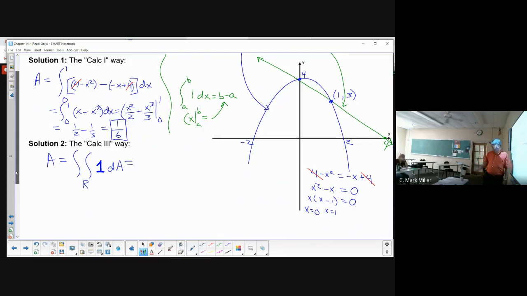Here's the trick. And this is those slides that we missed. We're going to go up here and we're going to identify what goes from here to there. That's it. We're integrating in between there.